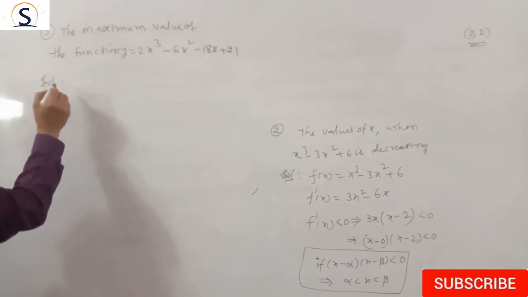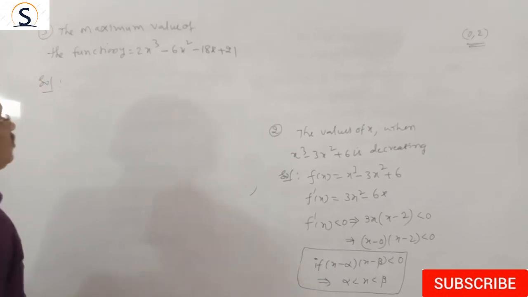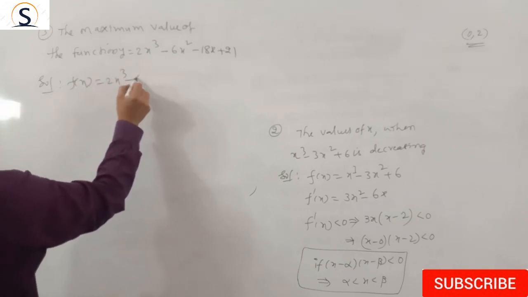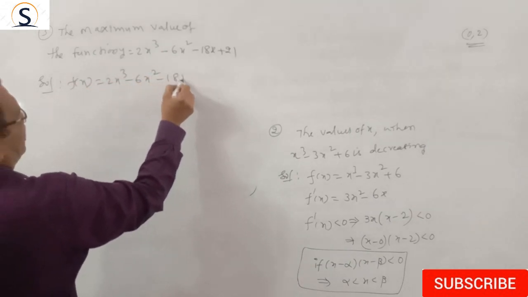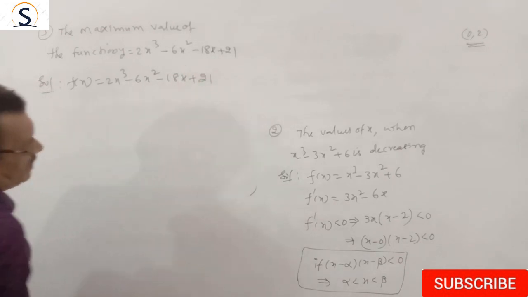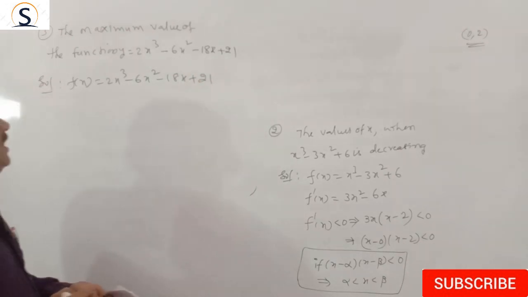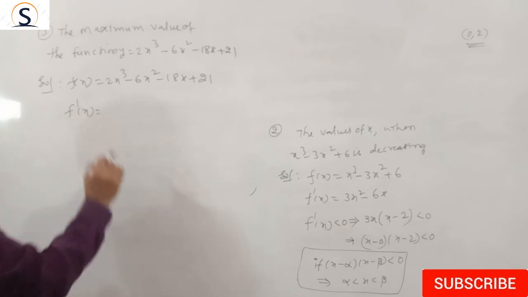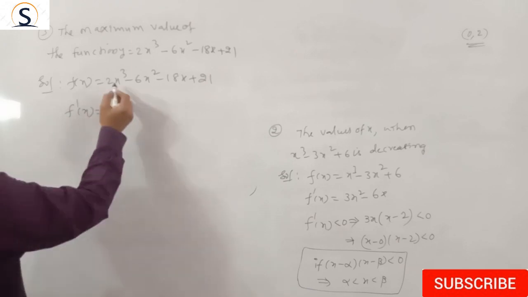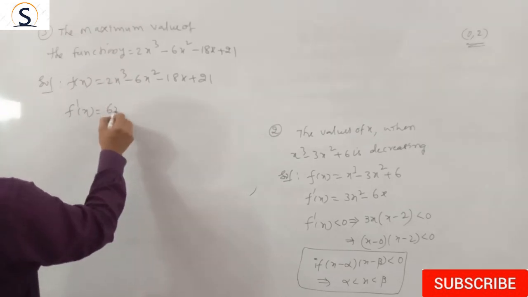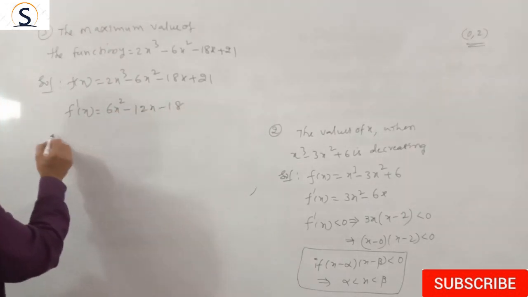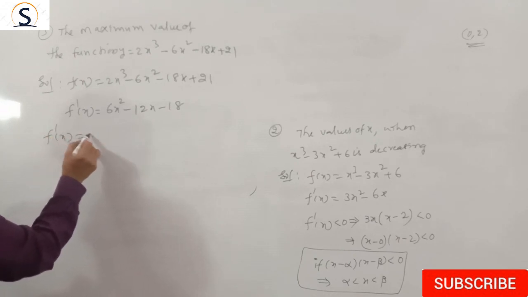Now about maximum value, therefore call it as f of x: 2x cube minus 6x square minus 18x plus 21. According to the theory we have discussed, find out f dash of x is equal to 0 values. That means stationary values. It is 6x square minus 12x minus 18. f dash x equate to 0.